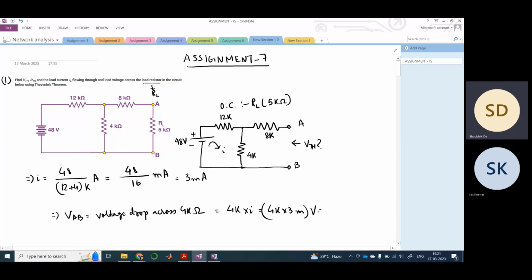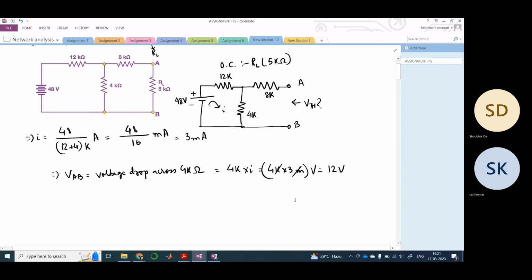So this would be in volts. This cuts off because milli is 10 to the power minus 3 and K is 10 to the power 3. So it cuts off. This is 12 volts.